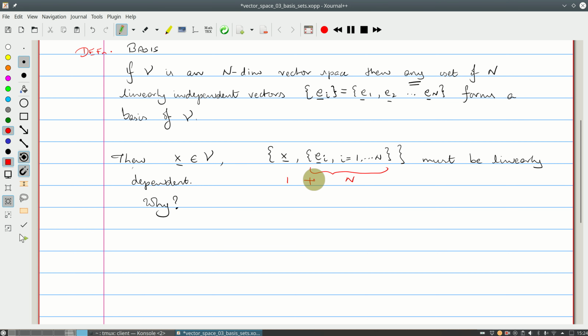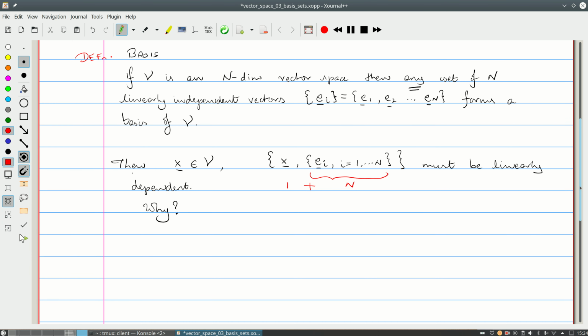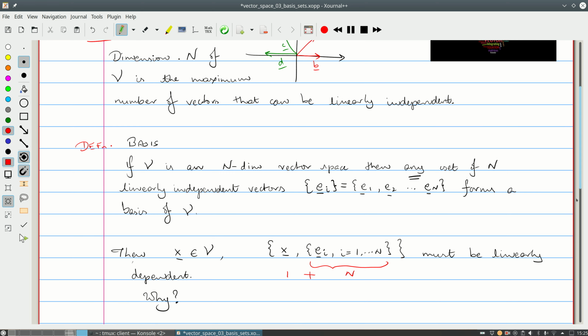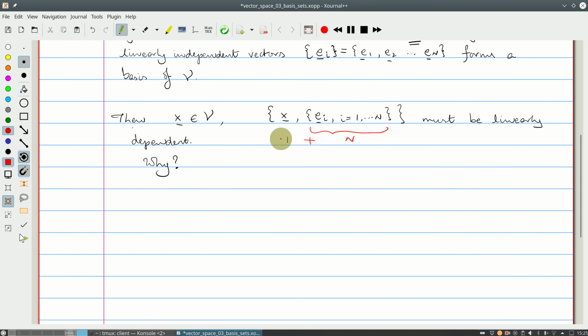So the total number of vectors in the set is n plus 1. Now we know that this space is of dimension n, and we just said that the definition of the dimension is that n is the maximum number of vectors that can be linearly independent. Now n plus 1 is more than n, therefore this set has to be linearly dependent.